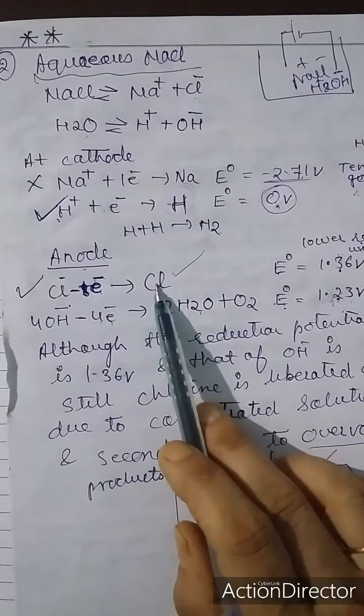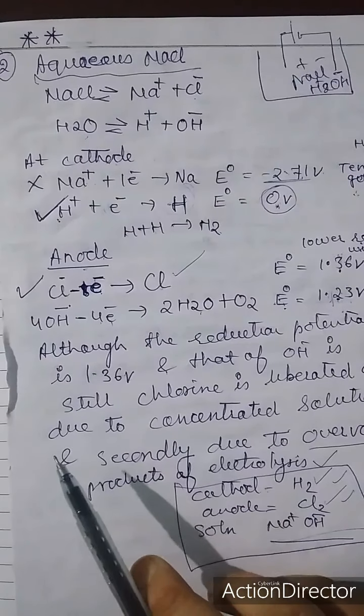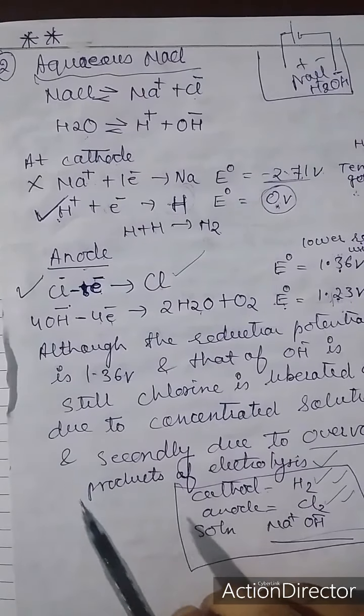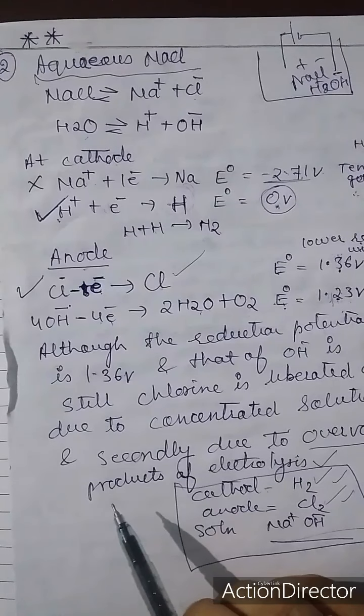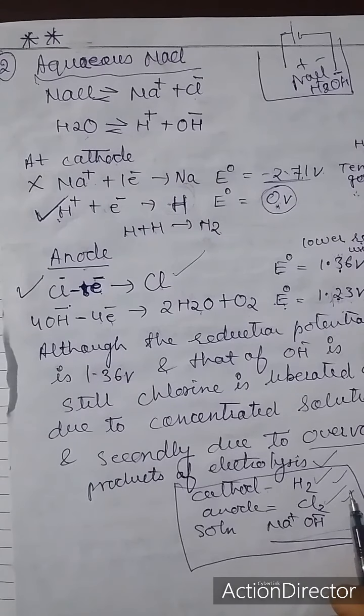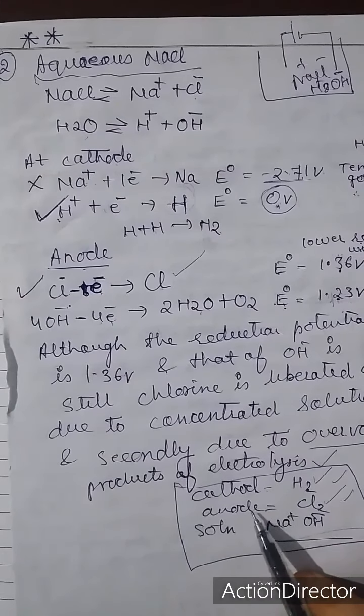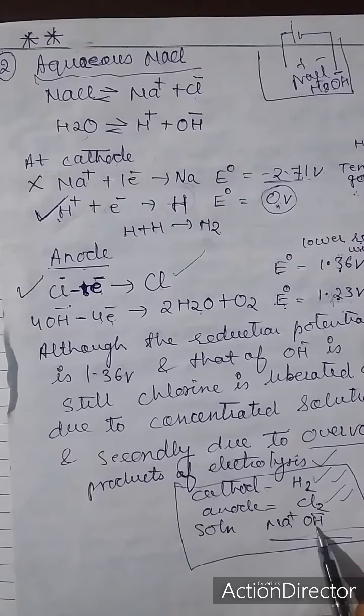Still here chlorine is liberated at the anode, due to the concentrated solution of NaCl and due to overvoltage. So the cathode gives you H2, the anode gives you Cl2, and the solution will contain Na+ and OH-.